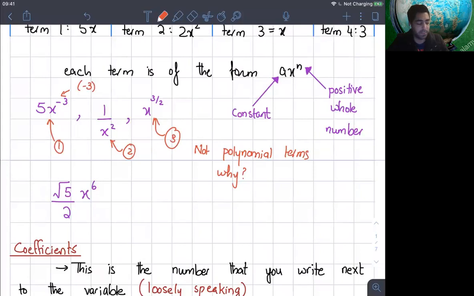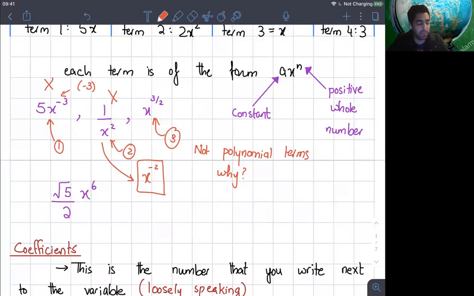It's not positive, so that's not a polynomial term. The second one, the problem is that the variable x is in the denominator, and that is also not allowed, so that's also not a polynomial term. And again, another way to write this is just x raised to the power of -2. So you see, the power right here is not positive, so it's not a polynomial term.